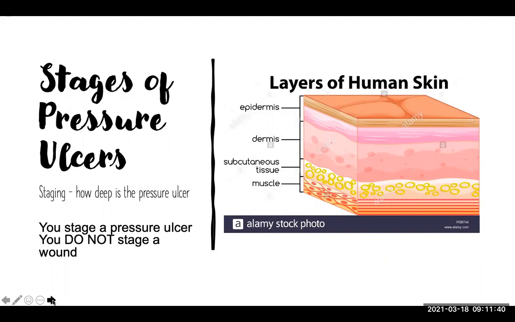And just showing you the picture here of the skin is going to help you learn a little better about what each stage represents, okay? So we determine the depth of the injury to the skin. So that's what we're staging. How deep did the injury go into the skin?